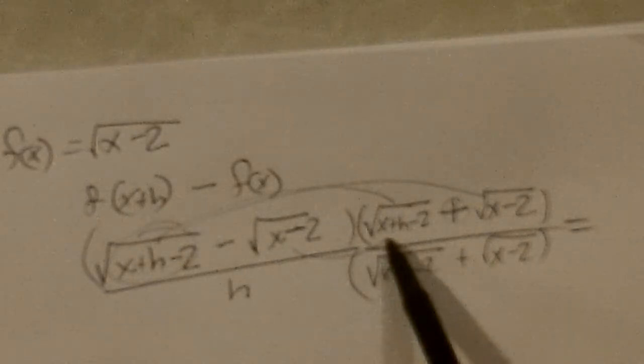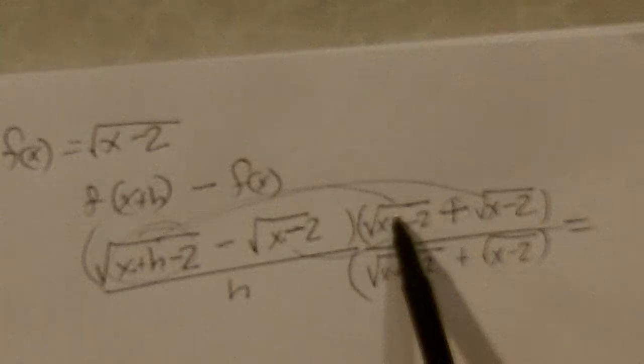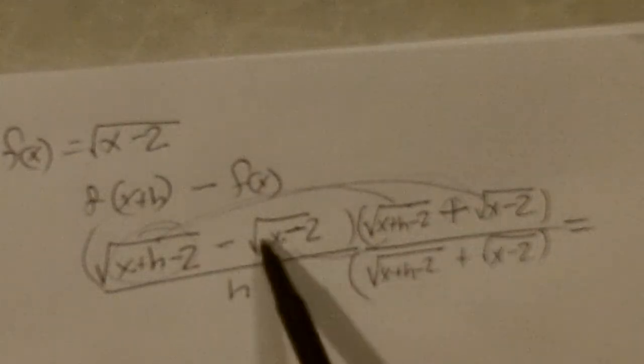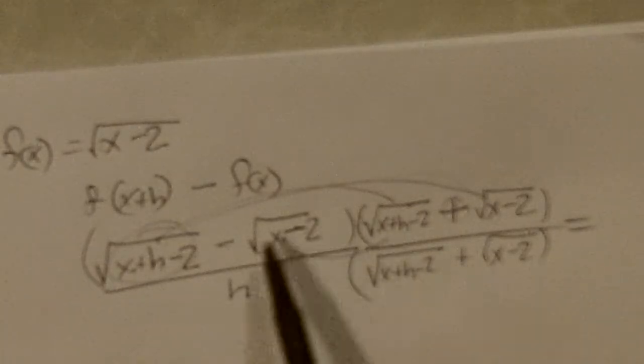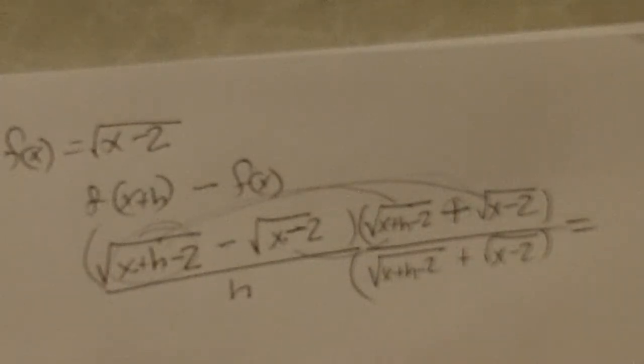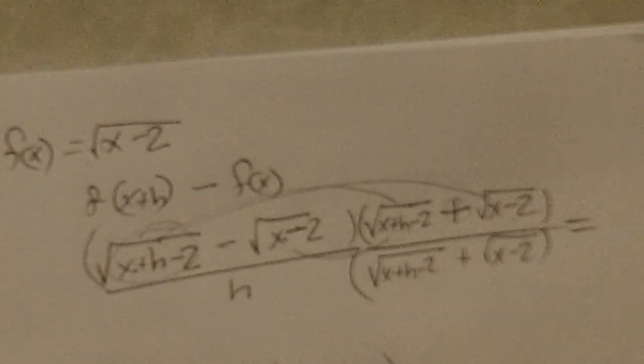The insides multiplied is going to be minus the same two things multiplied. So I'm going to have a plus of those multiplied and a minus, and so they're going to cancel. And then I'm going to have a minus times a plus, which is minus, and this thing times itself, which is going to be x minus 2, over h and the square root of x plus h minus 2 plus the square root of x minus 2.